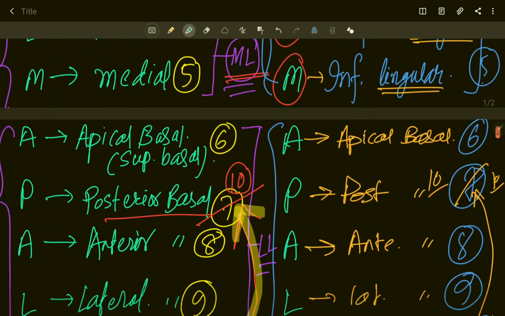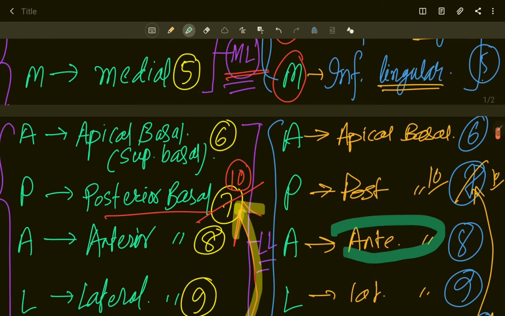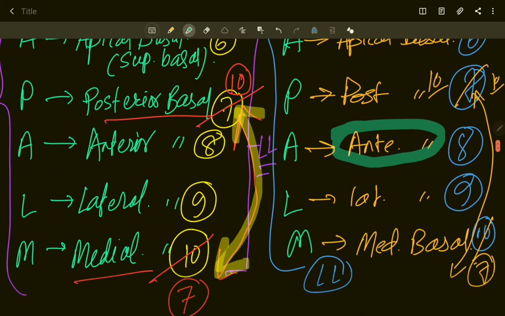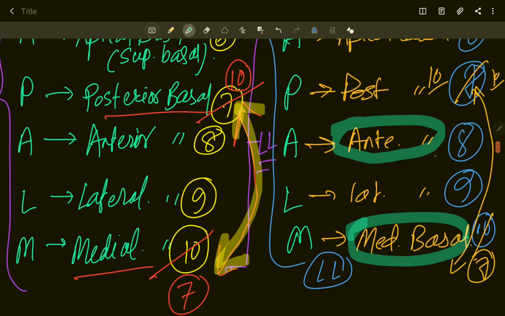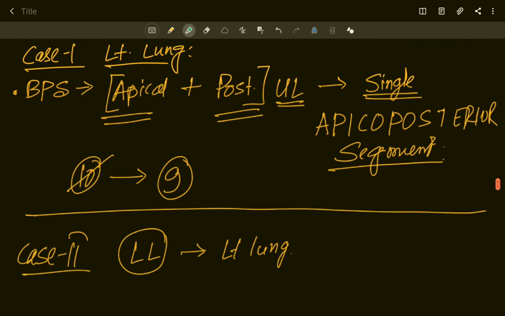Once again, your anterior basal and the medial basal segments are fused with each other. This is the most common case. Your anterior and medial are fused with each other.